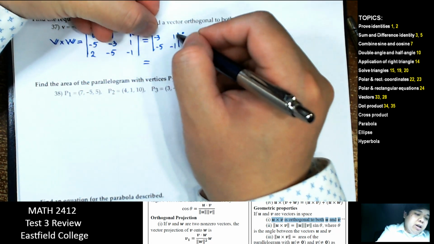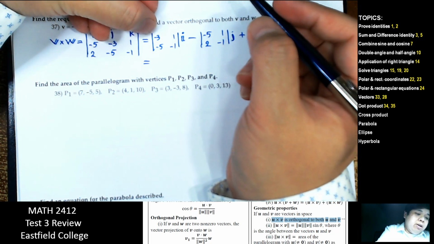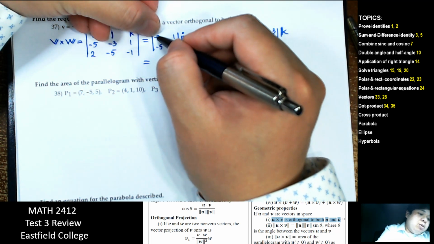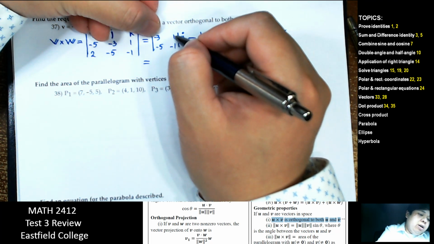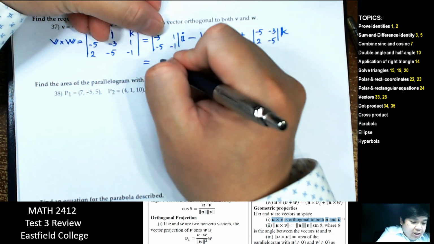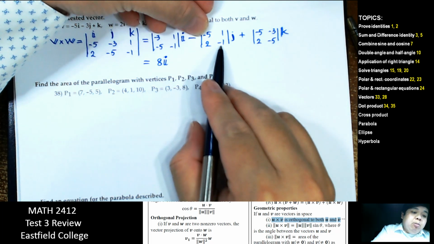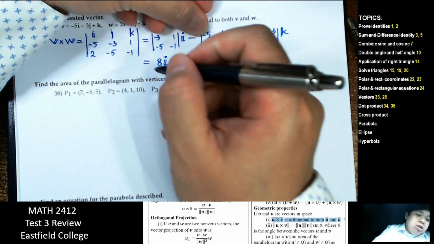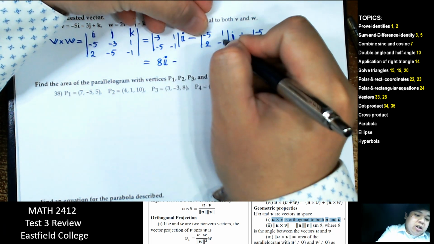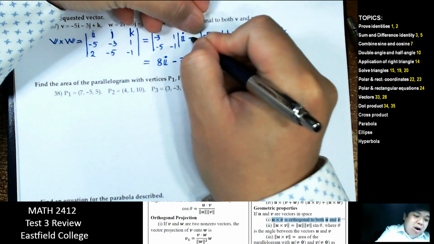Negative 3 plus 5. I'm sorry, that is positive 3 plus 5, so that will be 8. Then 5 minus 2 is 3, but with the minus.